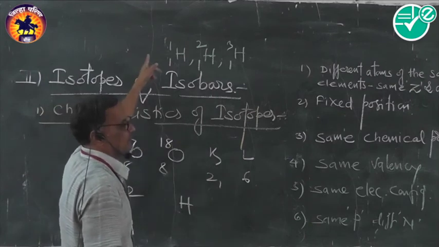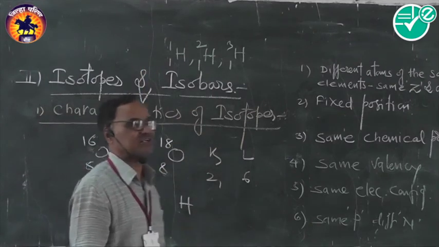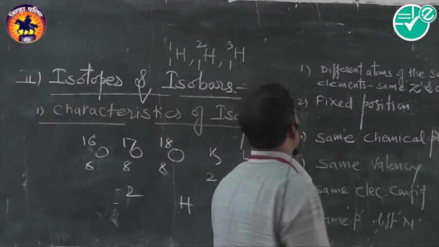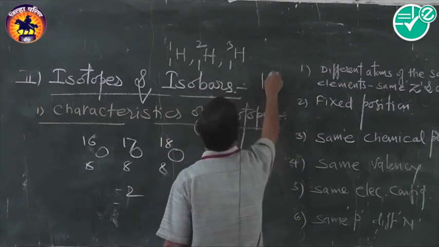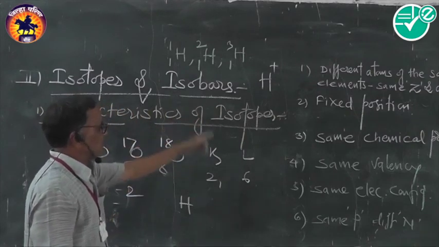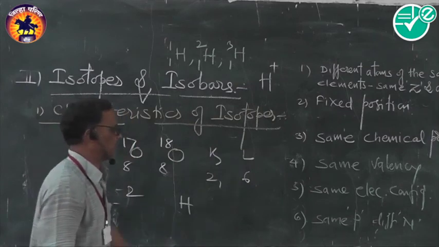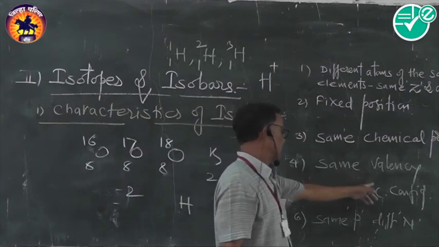Hydrogen has only 1 electron, so it is capable of donating a single electron at most. Hence its valency is +1. So the examples of isotopes show the same valency.